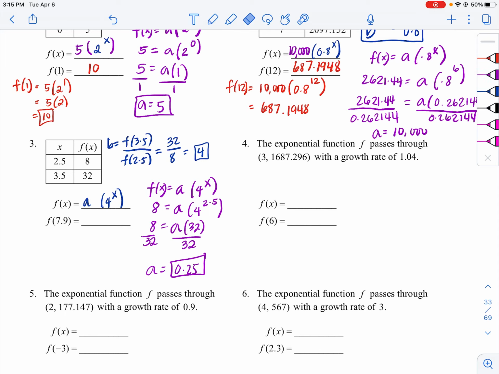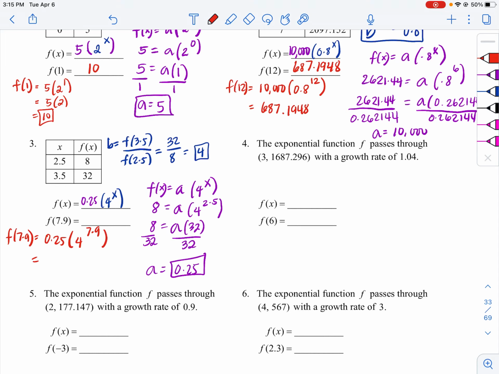So I'm going to delete the a value here, and I'm going to change that to 0.25. All right. And then let us solve for our f of 7.9. So f of 7.9 is 0.25 times 4 to the power of 7.9.